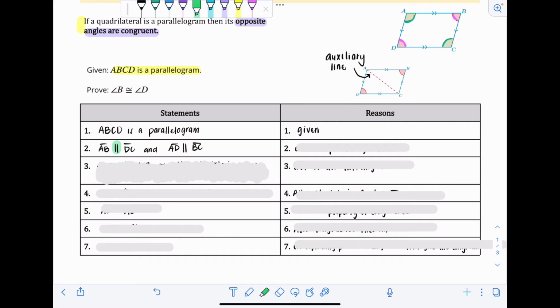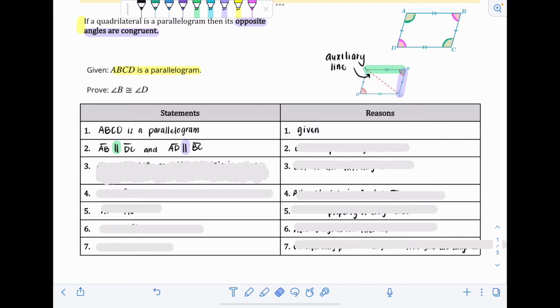Those two little vertical bars between segment AB and DC mean parallel, shorthand. And also segment AD is parallel to segment BC.